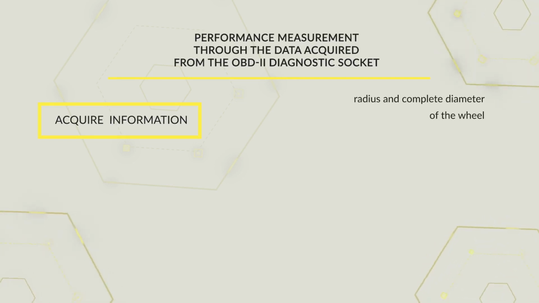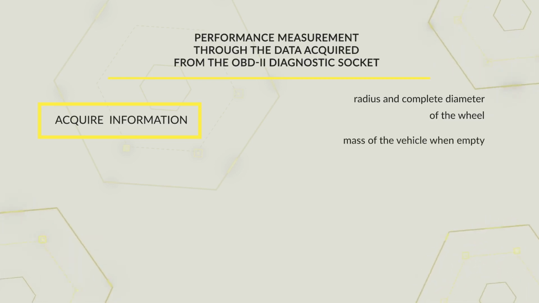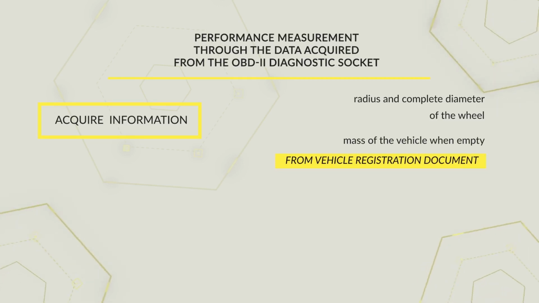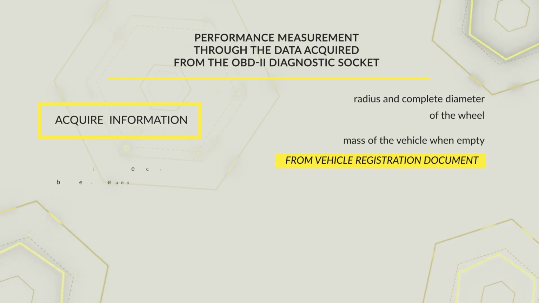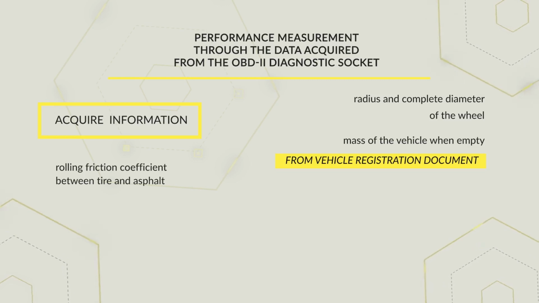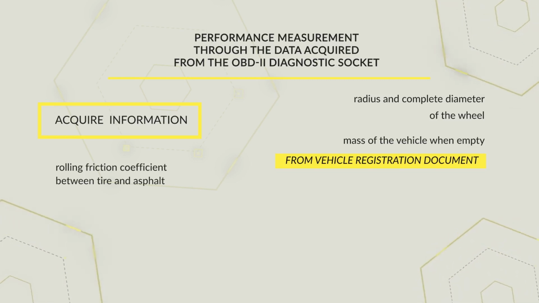Some of this is simple to recover, such as calculating the complete radius of the wheel, from the center of the hub to the outer surface of the tire, or knowing the mass of the vehicle when empty, found in the vehicle registration document. Others are objectively complicated to recover, such as the rolling friction coefficient between tire and asphalt, which can be considered the same for all road tires as a first approximation.